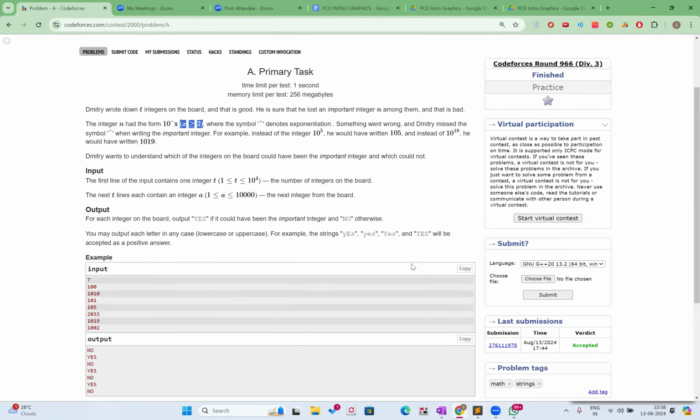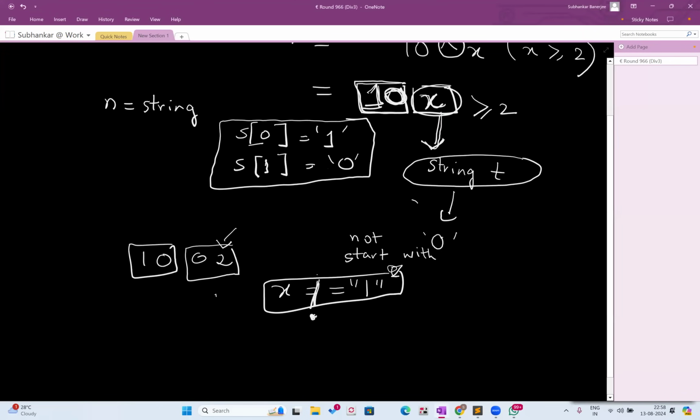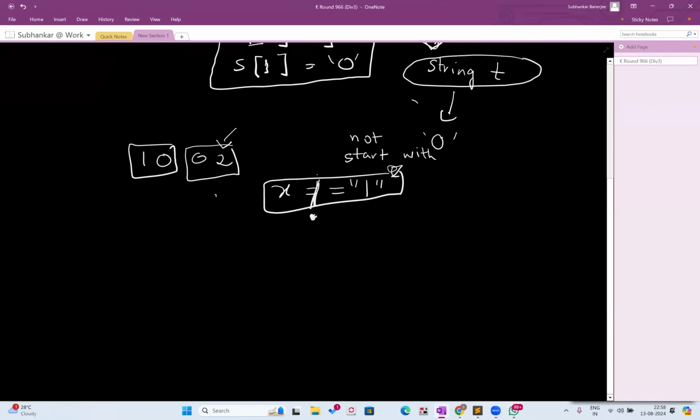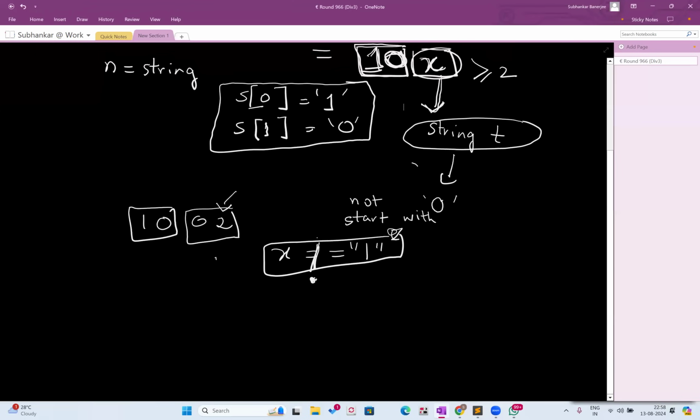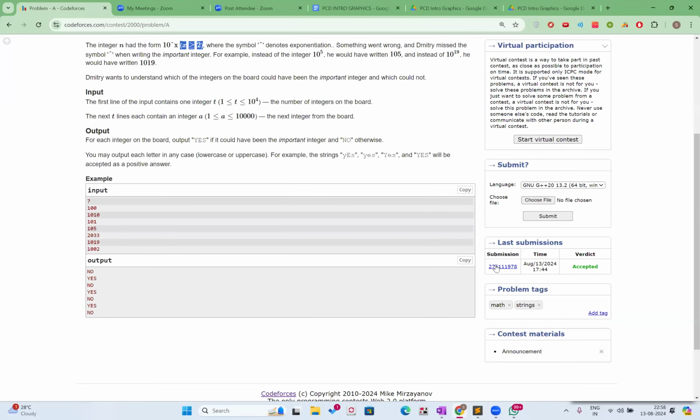Since x is an integer, its starting character should not be 0, and it should not be exactly 1, because x is greater than or equal to 2. Everything else will satisfy the condition. So I'll show you my code for this problem.